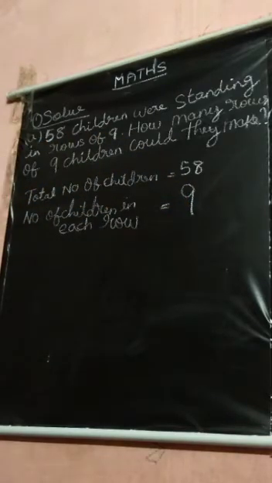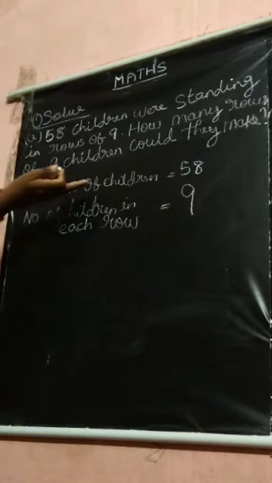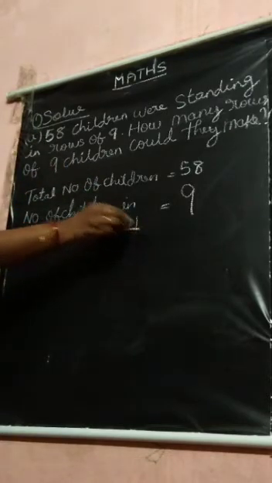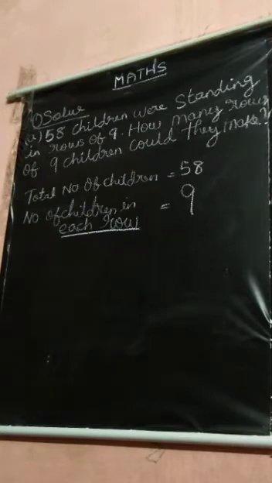In each row, how many children are there, ma'am? 9 children. The total number of children is given. In each row, how many children is given? 9 children.